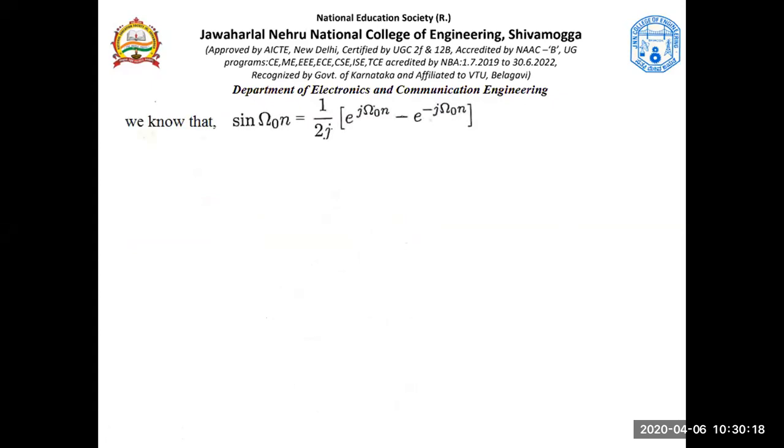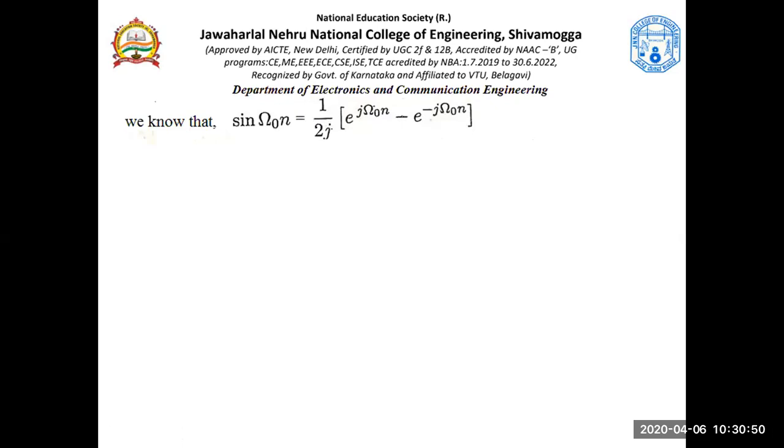Sine omega naught n can be expressed in complex exponential form like this. In the denominator, it's not just 2, but 2j. If it is cos omega naught n, it is e power j omega naught n plus e power minus j omega naught n divided by 2. But in sine omega naught n, we have a minus here and an additional j along with 2 in the denominator.